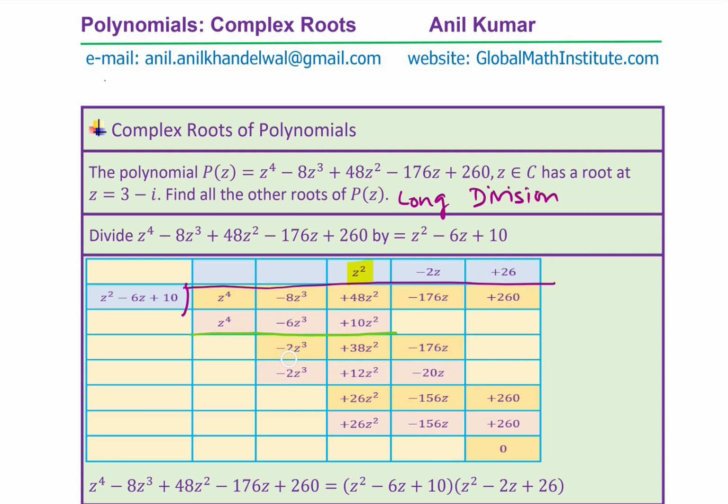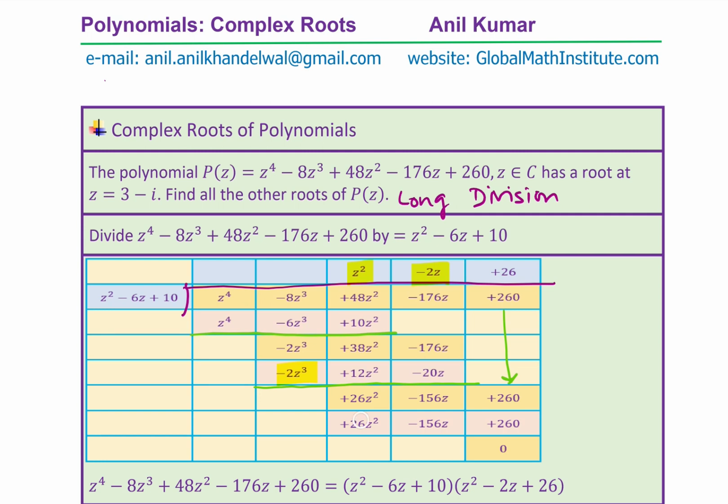To get rid of minus 2z cubed, we'll take the quotient as minus 2z. So we get minus 2z cubed here, the other terms being plus 12z squared minus 20z. Now take away this. So when you take away, what do you get? You get 26z squared minus 156z. Bring down the constant 260.